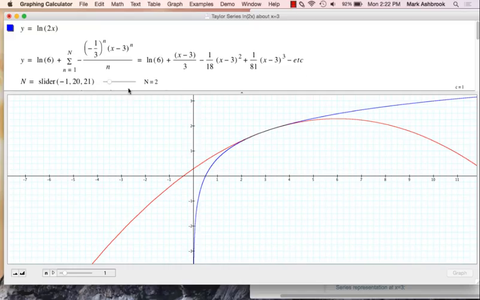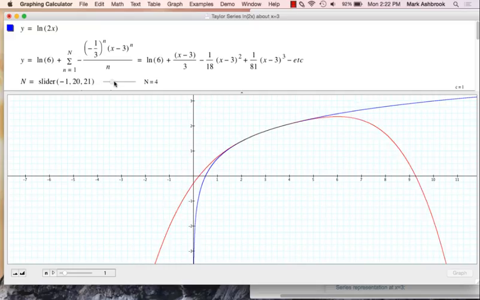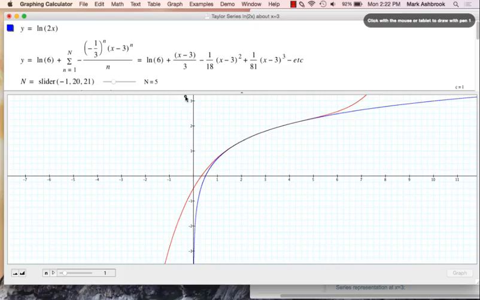And as we keep adding more and more terms, what's happening? It's converging, but only between what? 0 and 6, right? So this is only going to work for 0 to 6. I can add terms until I'm blue in the face, but it's only going to converge in this interval right here.